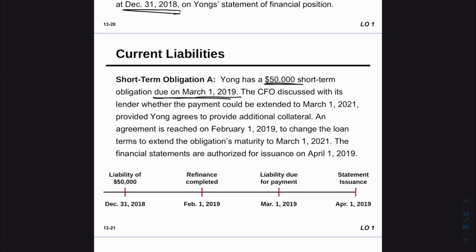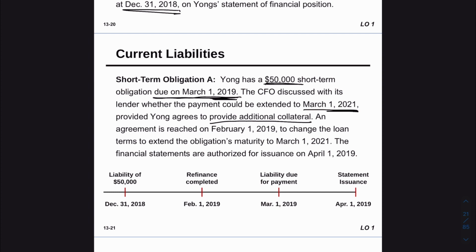The CFO discussed with its lender whether the payment could be extended to March 1, 2021. So now they are discussing whether there is any possibility to extend it from March 1, 2019 to March 1, 2021, provided Young agrees to provide additional collateral. So they agreed, and because they will extend the payments, they will provide additional collateral.